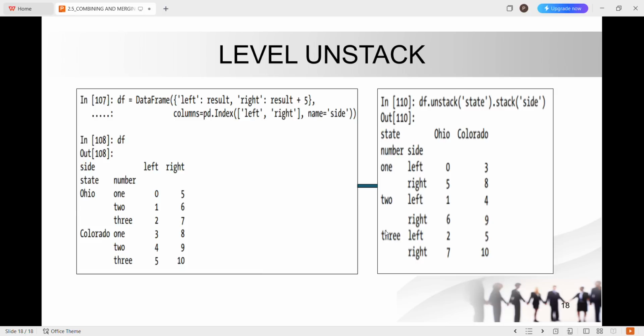So this command is a function of both stack and unstack: the state, which is mentioned as unstack and exists as a row, is converted into a column, and the side, which is nothing but left and right, which existed as columns, has been converted to rows respectively.